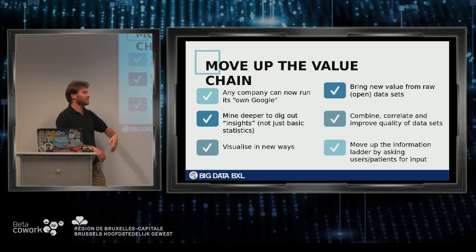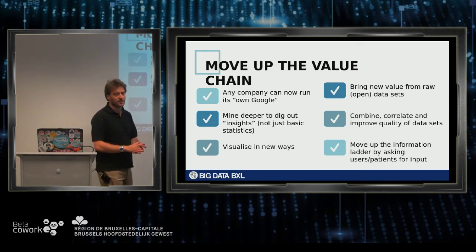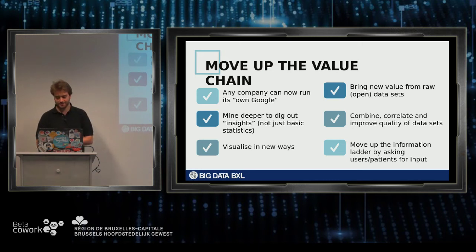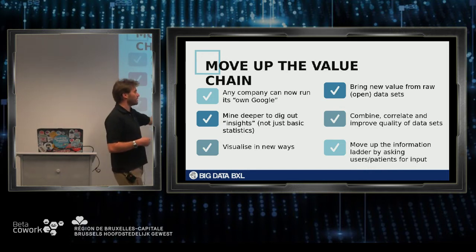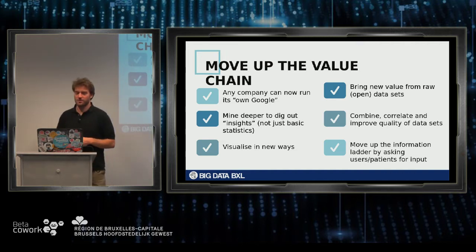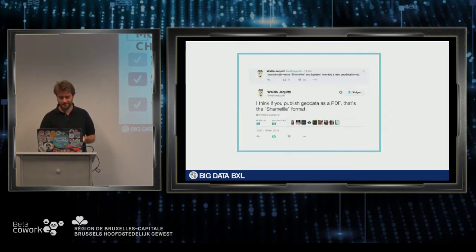Say you have public information about house prices, about demographics, stuff like that. Try to combine and enhance your data set, and also try to get as much feedback as you can with respect to your visualization.